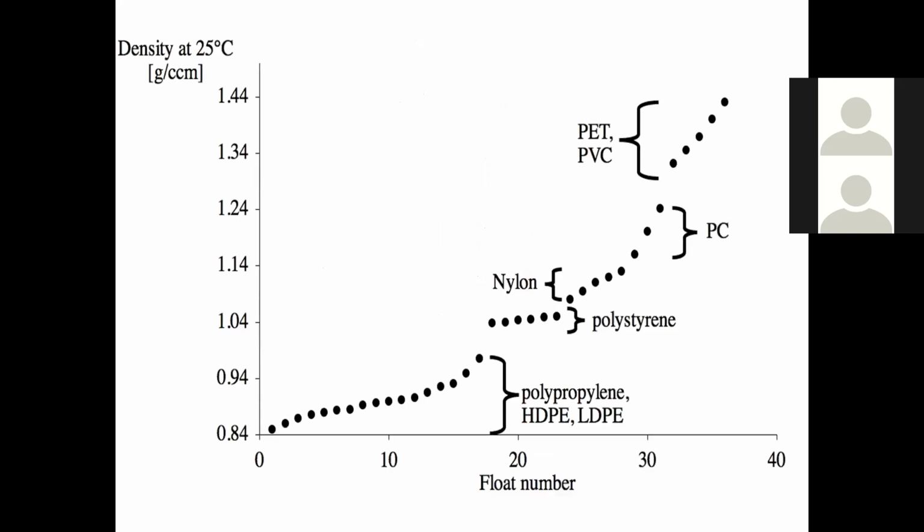Now, how can we measure with a density gradient column? Suppose this is a column about 1 meter high. In front of that column, your eyes should remain exactly perpendicular to the position of the float or the sample.